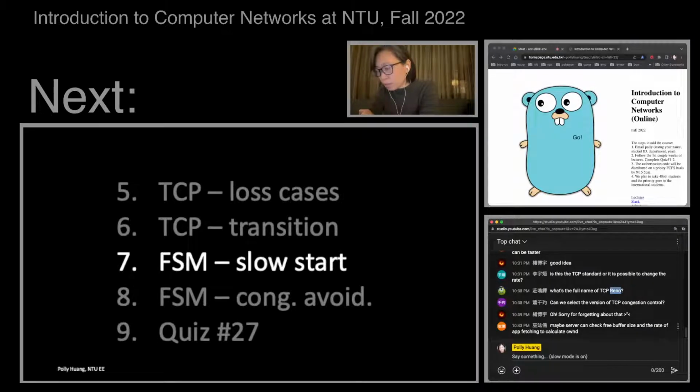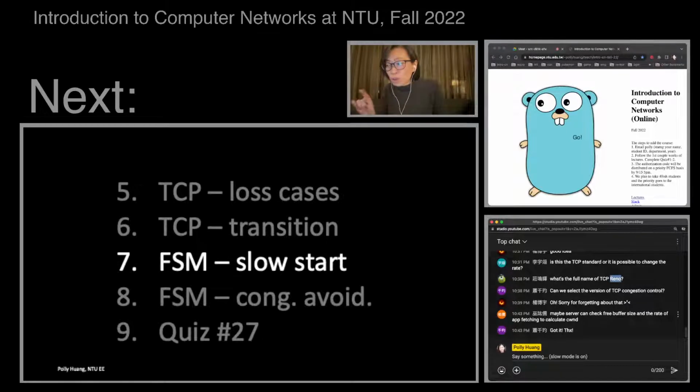Vincent, maybe the server can check the free buffer size. But you know what? The buffer size at the server is the receive buffer. And we control the receive buffer using what? The flow control. Yeah, I think it was yesterday, right? The first video we talked about TCP's flow control.